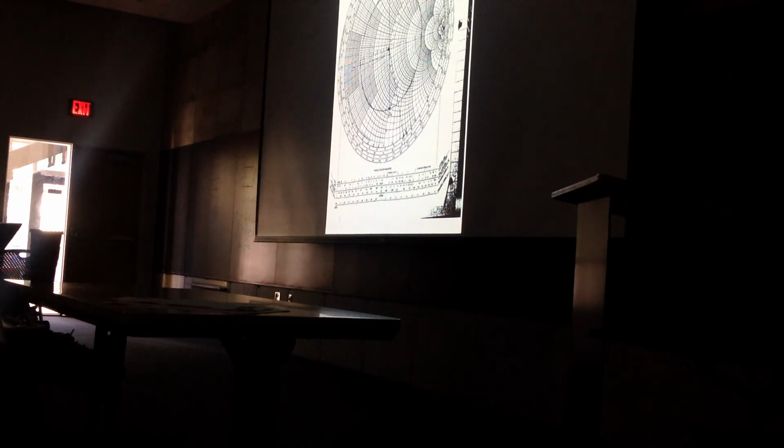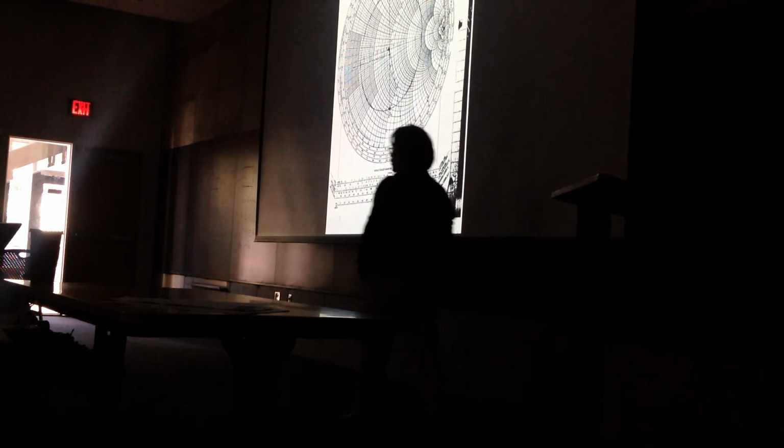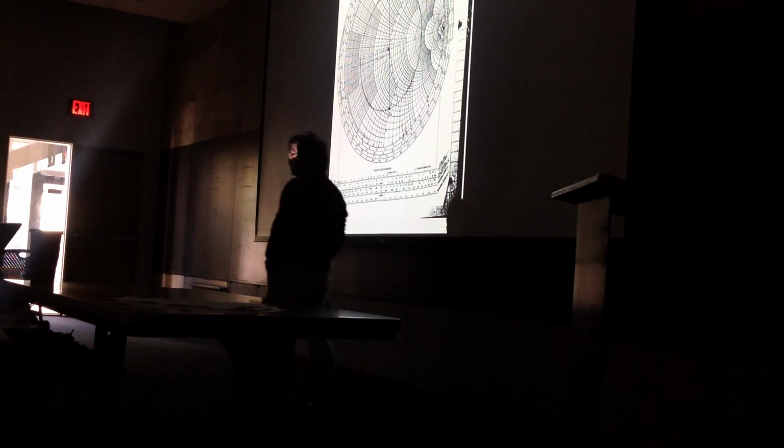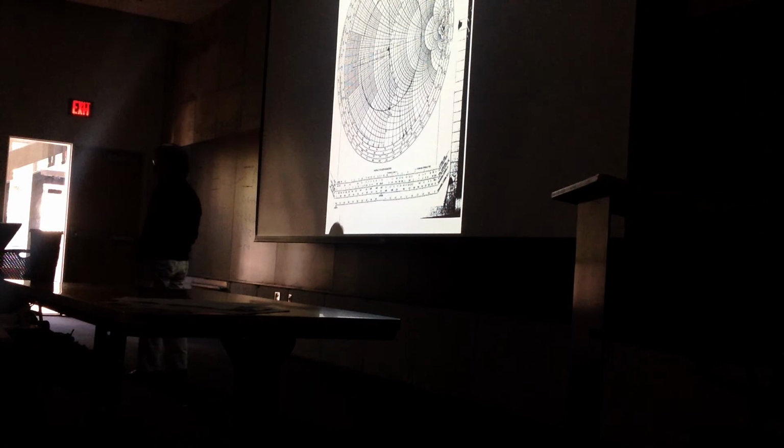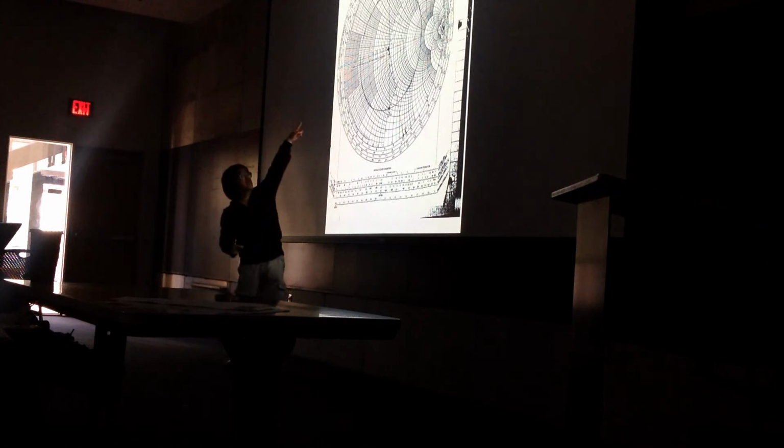Okay, so on here, short circuit. You know very well, if it's short circuit, what is your impedance? 0, right? So impedance is equal to 0. That will be this point here.